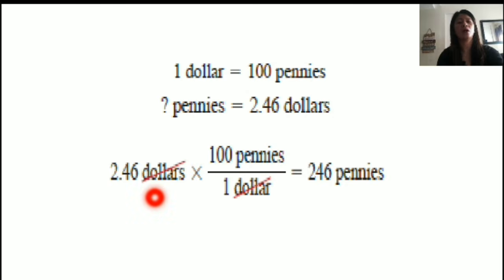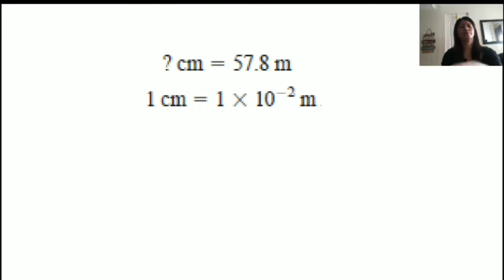So cancel dollar and you will be left with the desired unit. And then you do the operation 2.46 times 100. That will give you a product of 246 and copy the unit pennies.